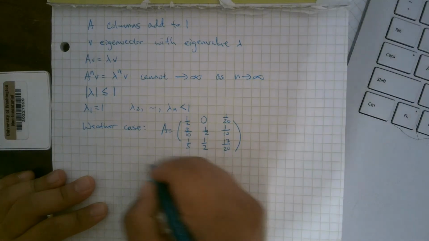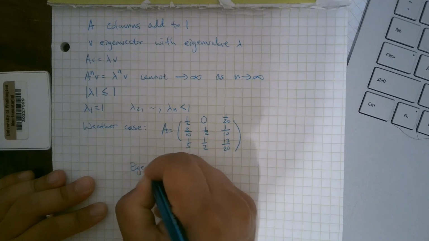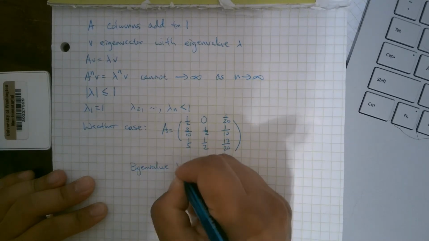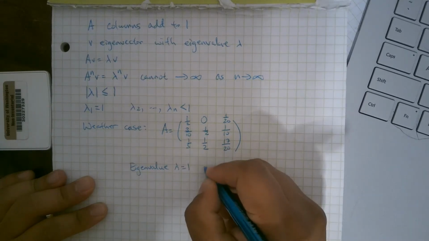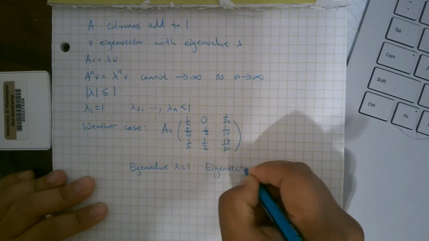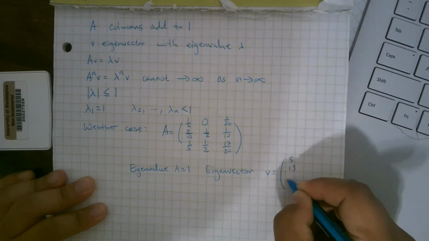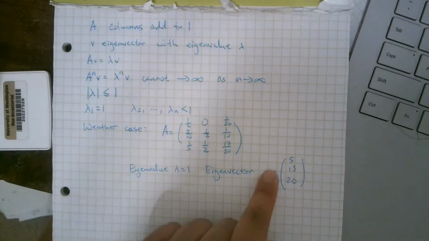And then this gives you an eigenvalue of 1 with eigenvector V equals 5, 13, 20. And you might get some scalar multiple of this.